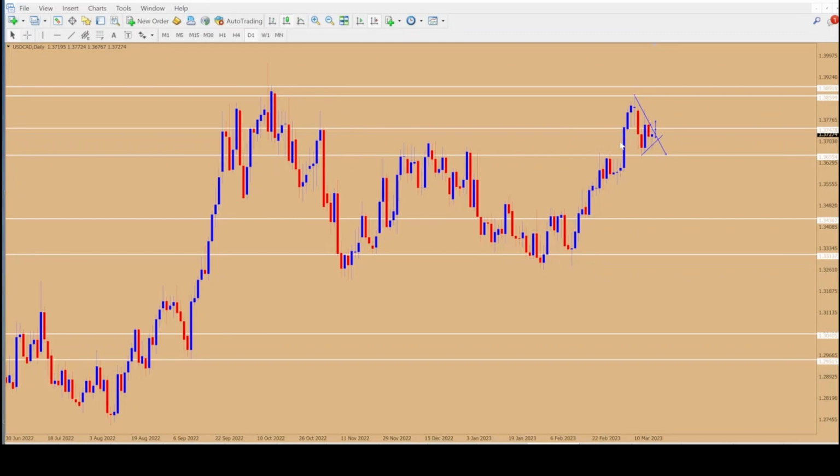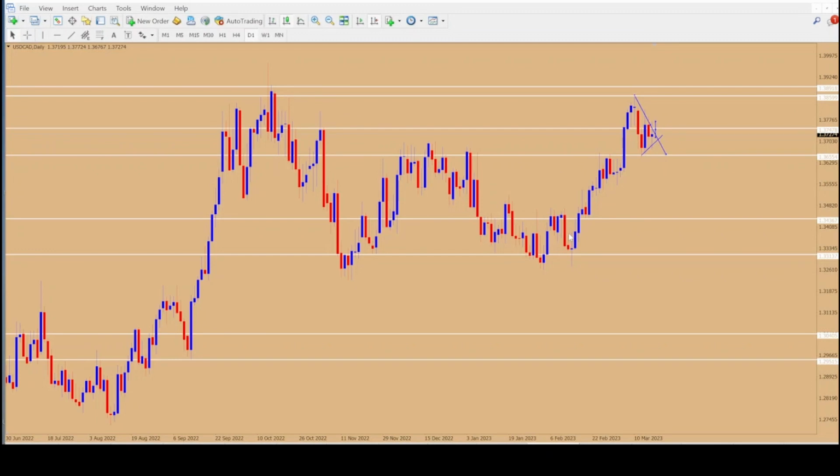I don't think I favor much of a bearish idea right now on this particular one. For the sake of knowledge, if the market remains below the 1.3747 area, it might see the 1.3655 area.